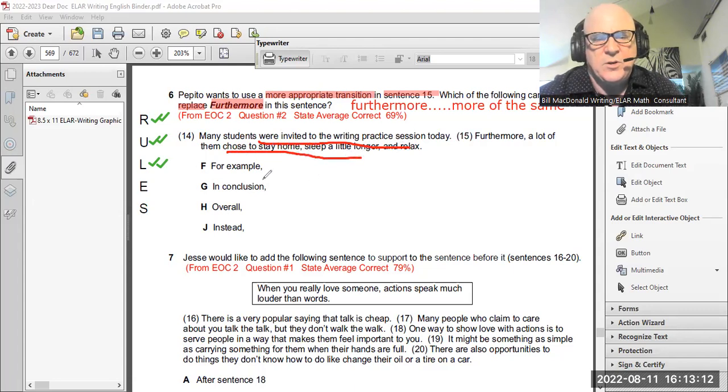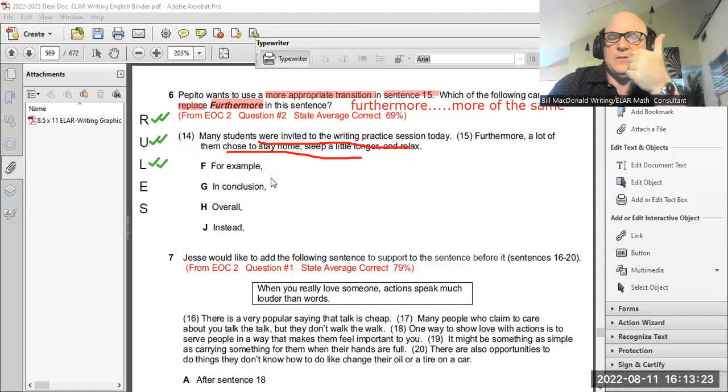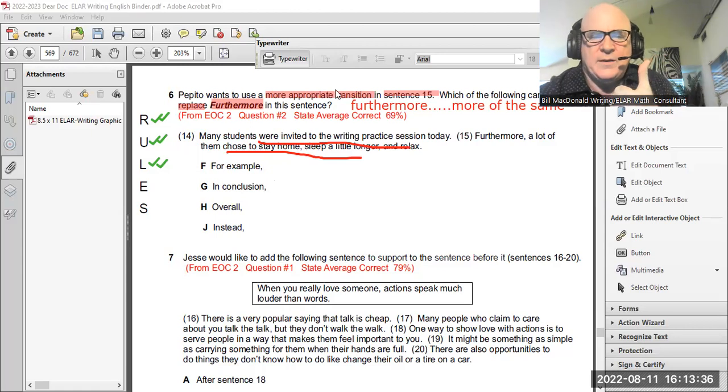So if we say, for example, well, for example means I gave you an idea, what we'll call a topic sentence, a main idea, and then we're going to give an example of that idea. Since the students staying home is the opposite, then it wouldn't make sense to use the phrase, for example. In conclusion means a bunch of information was given and they're going to wrap it up.